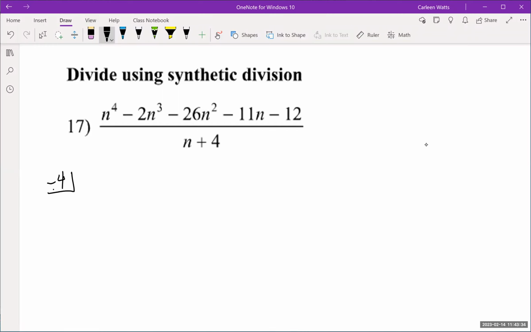And making that negative, you know how in long division you have to keep subtracting? Making this negative is going to make everything subtract. Bring down the coefficients, make sure there are no gaps. 1 n to the 4th, -2 n cubed, -26 n squared, -11 and -12. No gaps. N to the 4th, n cubed, n squared, n to the 1st, the linear term.